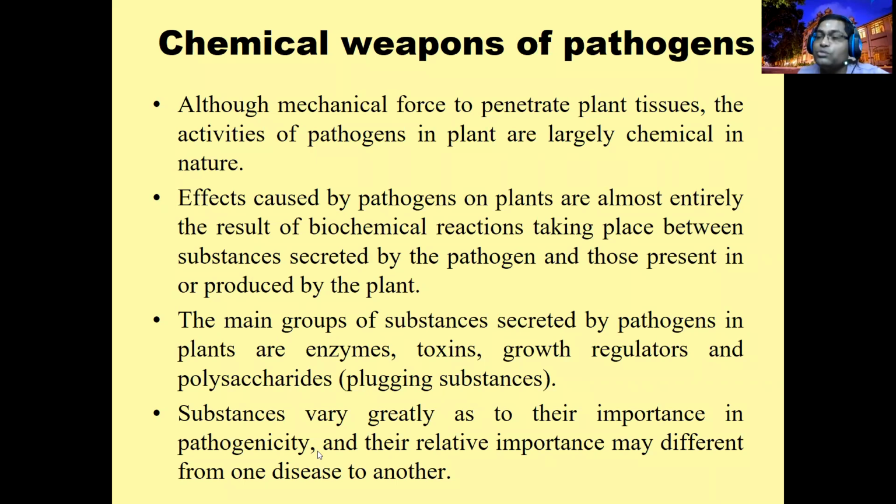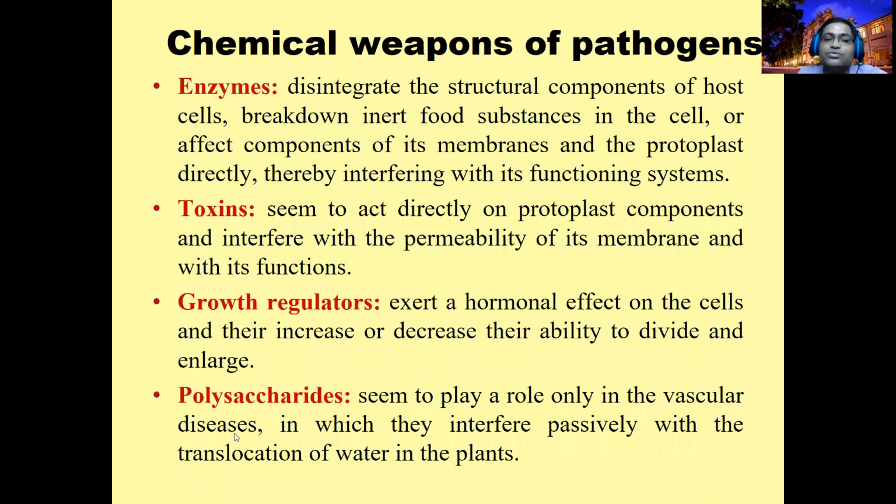It's a highly virulent pathogen. The enzyme's role is to disintegrate the components of the host cell, break down food substances into absorbable forms, and change the membranes and protoplasmic compositions and their functions directly. These are the roles of enzymes.